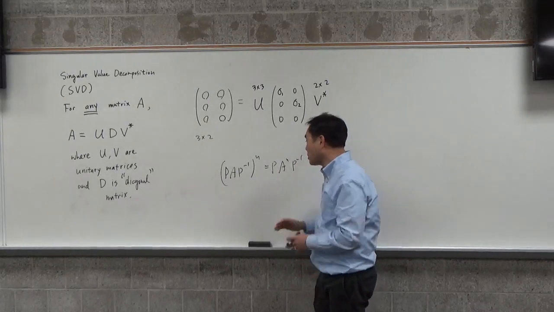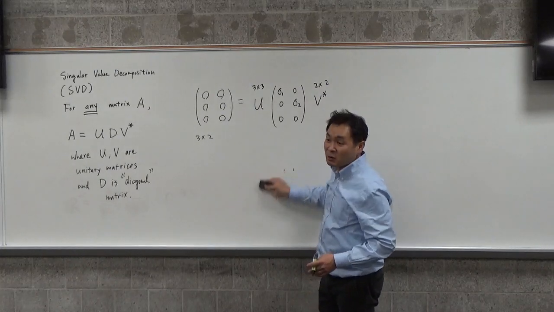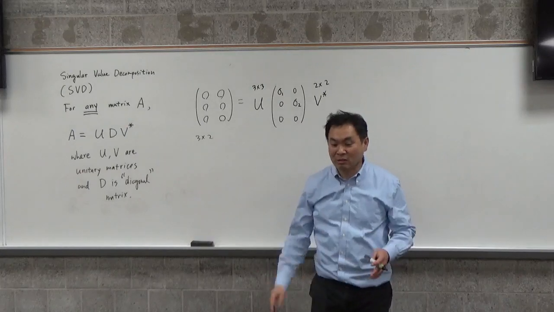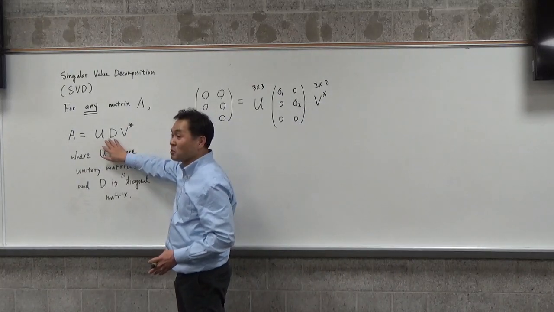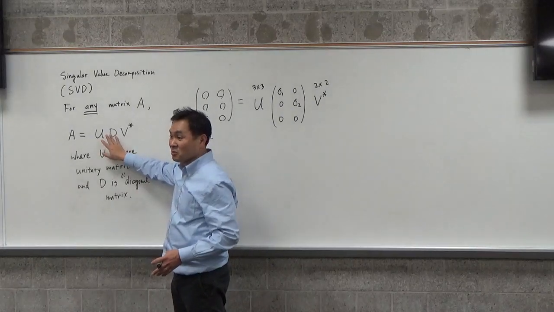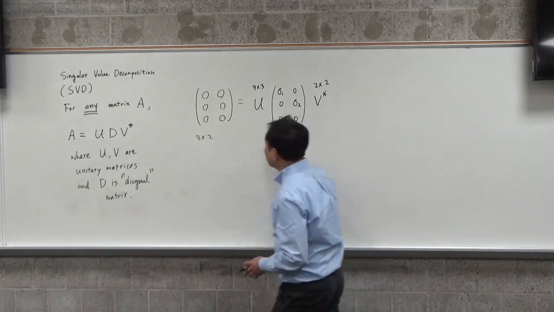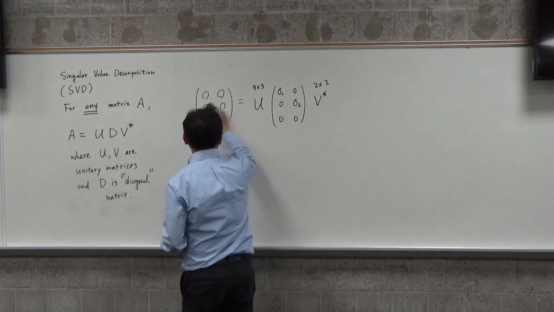That was the reason why this kind of diagonalization was so powerful, and that's what enables you to calculate matrix exponentials and all that. You can't use that here. This can't be used for matrix exponential purposes, for example. Okay? But it still has its uses. All right. So a little more detail here.